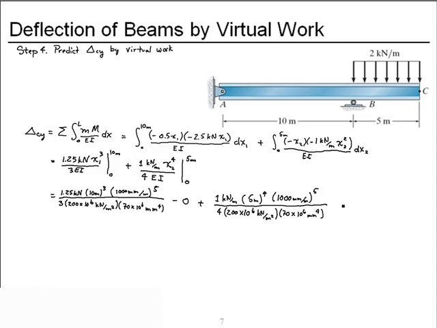And we'll evaluate this expression at 0, and that's a minus of 0.